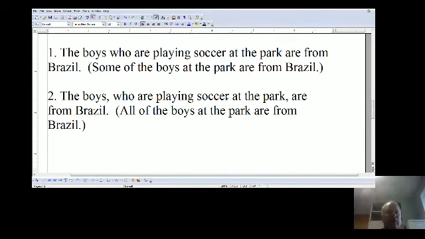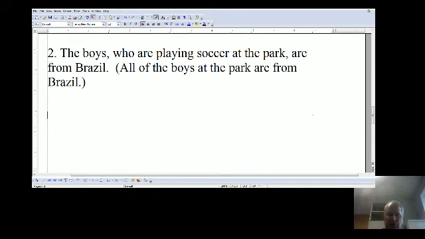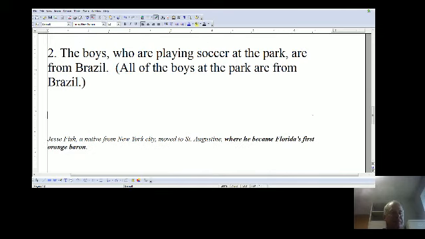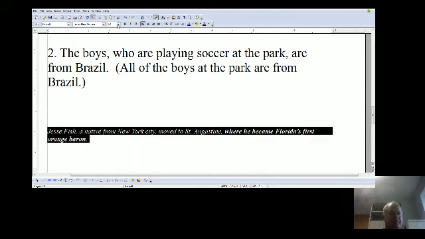Okay, so now let me give you another example. Let's go back to what we have here. So the next sentence is, to kind of illustrate this point, let's take a look at this one right here.